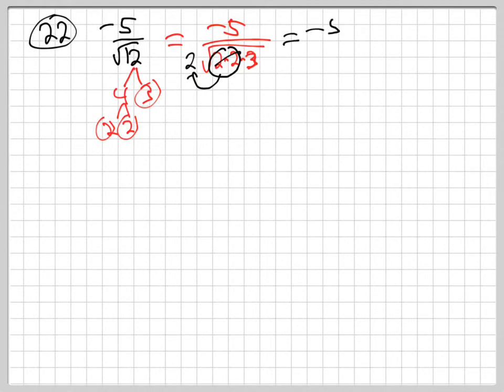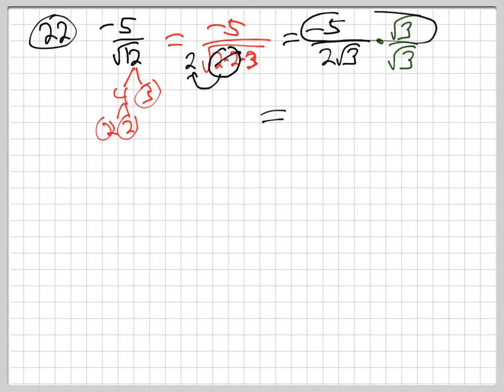So we get minus 5 over 2 root 3. Now, we can't leave a square root in the bottom. So we multiply top and bottom by the square root of 3. What do we get? Just go straight on the top. You get minus 5 root 3. On the bottom you get 2.